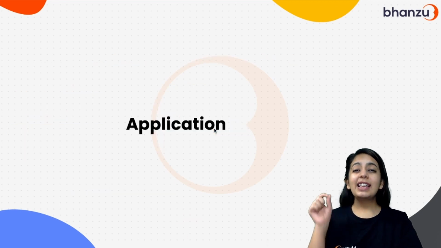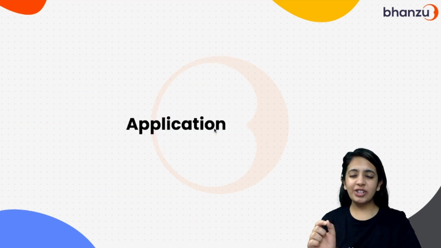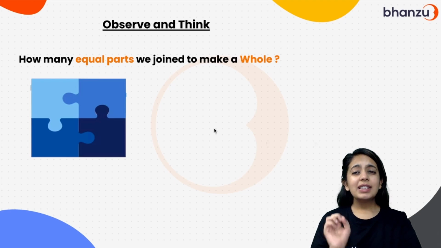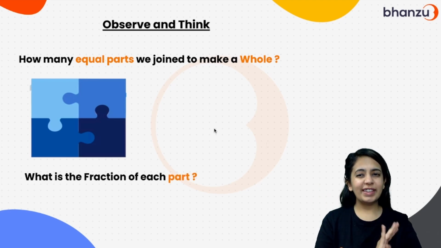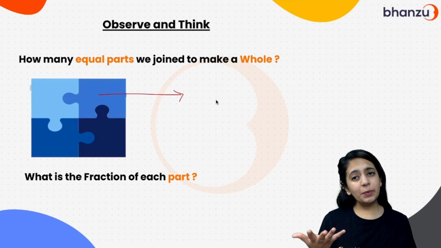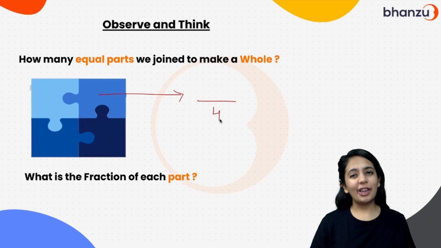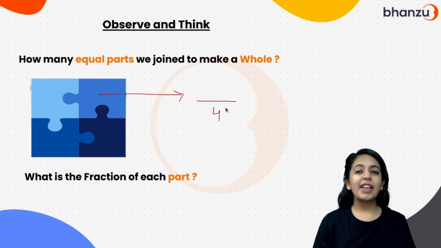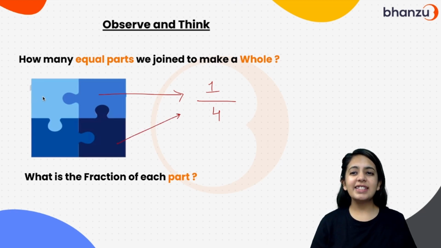Now similarly, let's apply the same in the question that I asked you in the beginning. Since we are joining 4 equal parts over here, so tell me, what is the fraction of each part in this? Let's pick this part. Since we have divided into 4 equal parts, therefore the denominator is 4. And here I'm choosing only 1 part, so therefore the fraction is 1/4. Likewise, for each part, the fraction is 1/4.